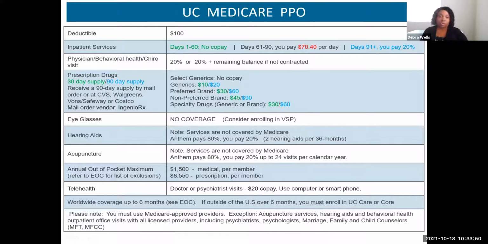And it's very important that you understand how your medical plan works, because a lot of times, and it happens with UCSD, a lot of our marriage and family therapists or psychiatrists, they don't accept Medicare. And this happens UC-wide. They just don't take Medicare. They've chosen to opt out.